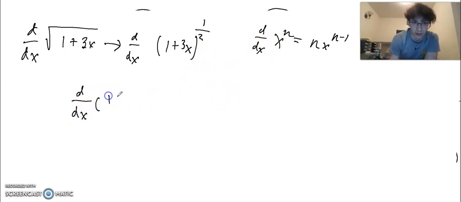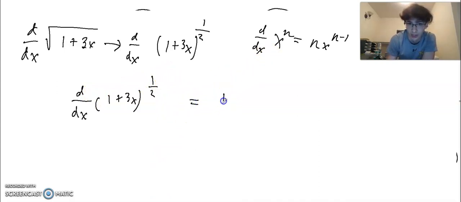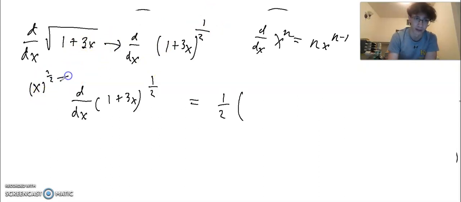We're running out of time, so I'm going to go a little fast. And we're going to bring out the 1/2 in front and subtract 1. So we get 1/2, and again, we still have the chain rule here. If this was just x, then we'd bring out the 1/2 in front, and we'd have x to the negative 1/2.